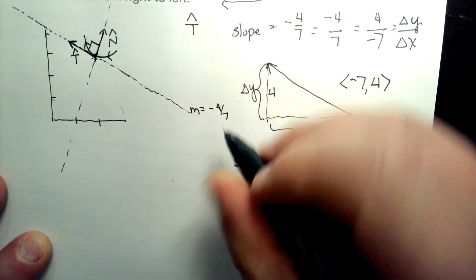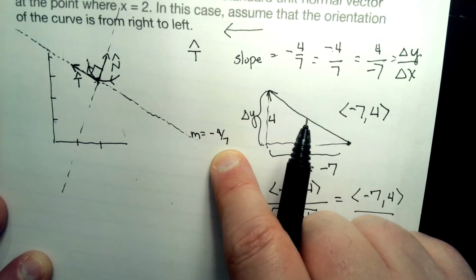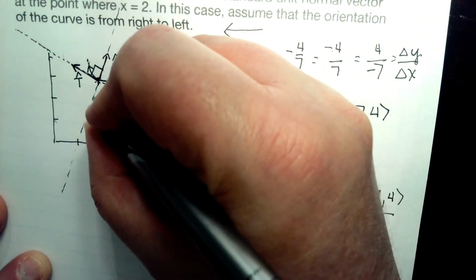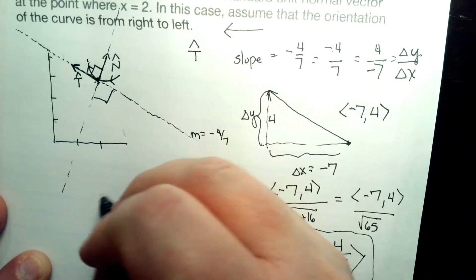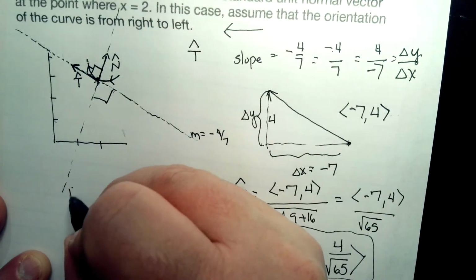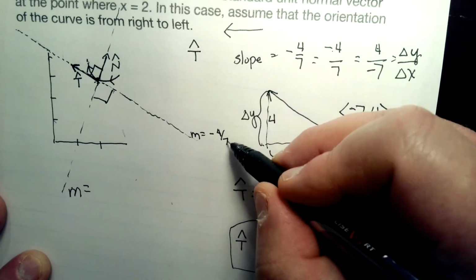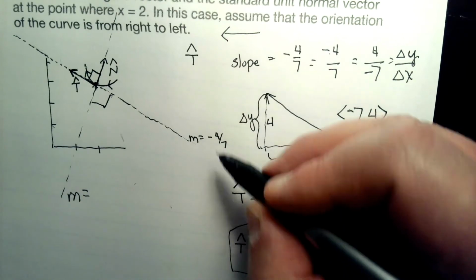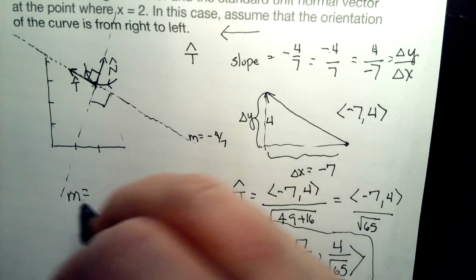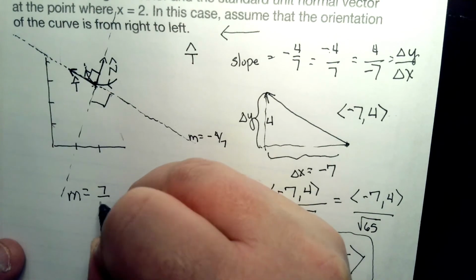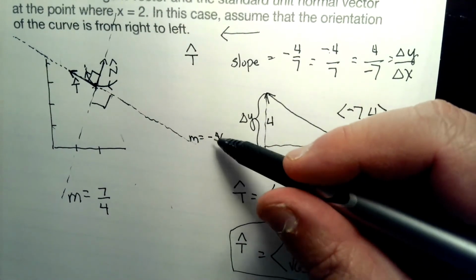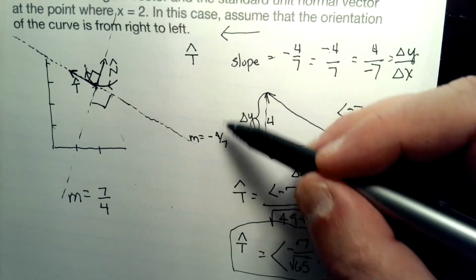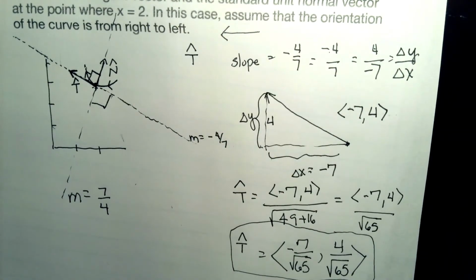And so this line has a slope of -4/7. Well, remember about perpendicular lines. Down here, the slope is going to be the negative reciprocal, so you need to switch the numerator and denominator, and you need to change the sign. So instead of being negative, it's now going to be positive, and it's going to be 7 over 4. So it's the negative reciprocal: change the sign, and then flip the fraction.